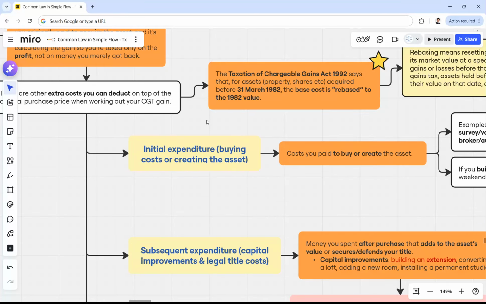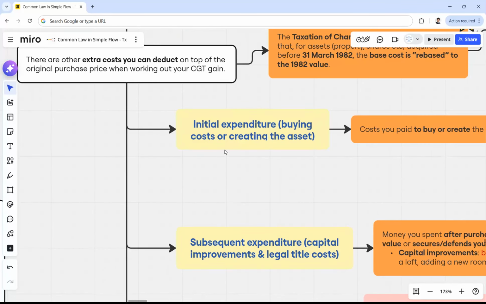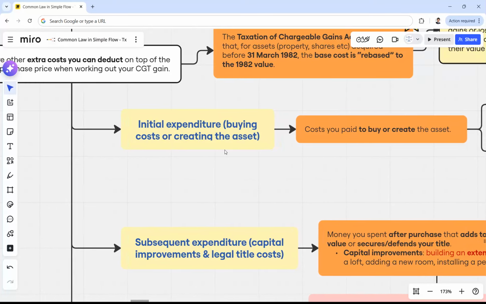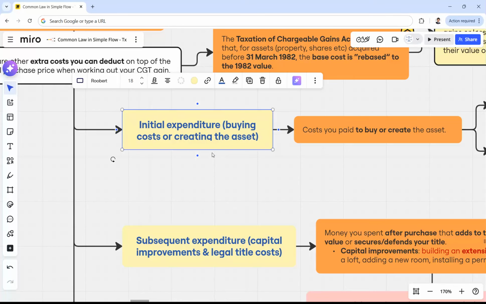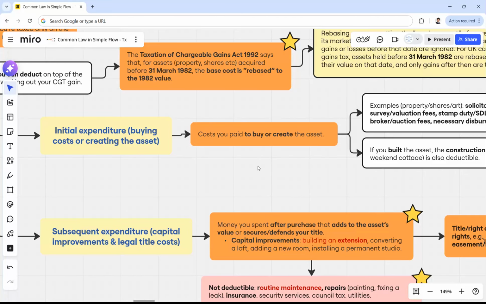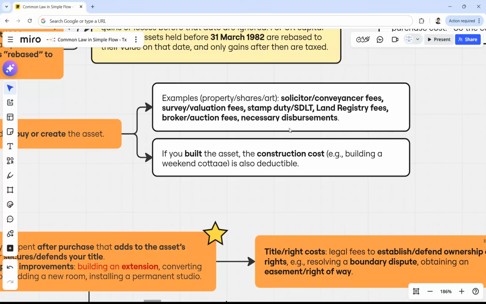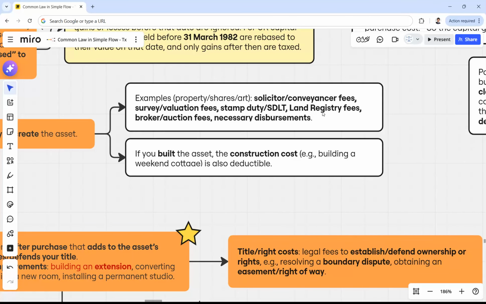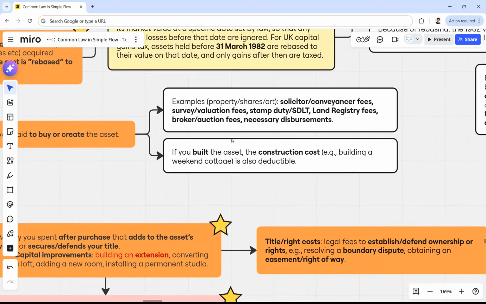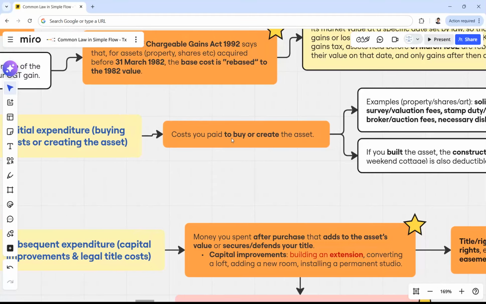Now, there are other extra costs you can deduct, and this is one of them. Initial expenditure: buying costs or creating the asset. Costs you paid to buy or create the asset. Examples: property, shares, art, solicitor and conveyancer fees, survey and valuation fees, stamp duty tax, Land Registry fees, broker and auction fees, necessary disbursements.